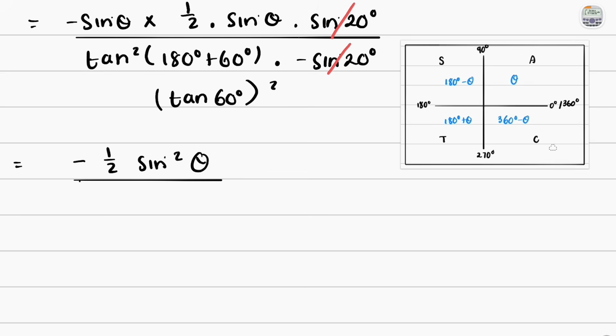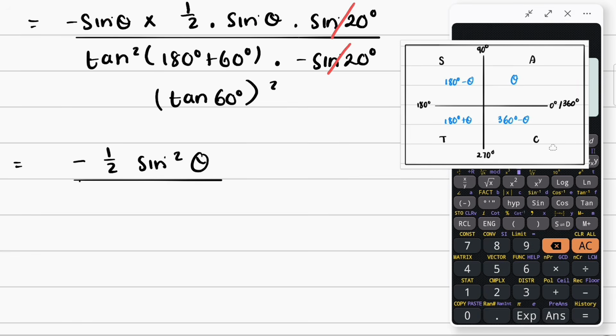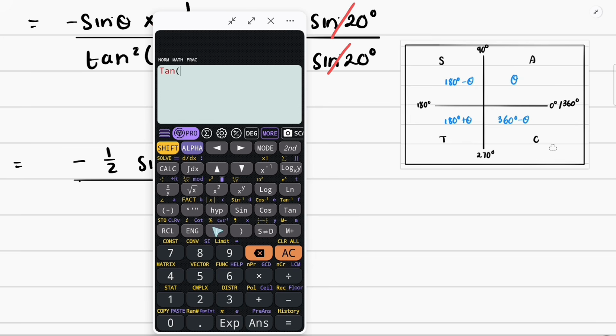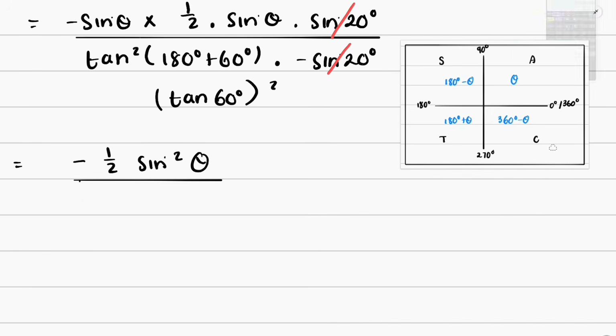So what is tan 60 degrees? Tan 60 on the calculator, and really even with any rule, is still going to be the square root of 3. So this is root 3 all squared, because it's going to be squared at the end of the day.